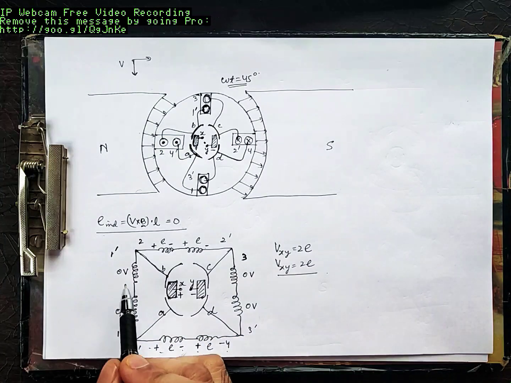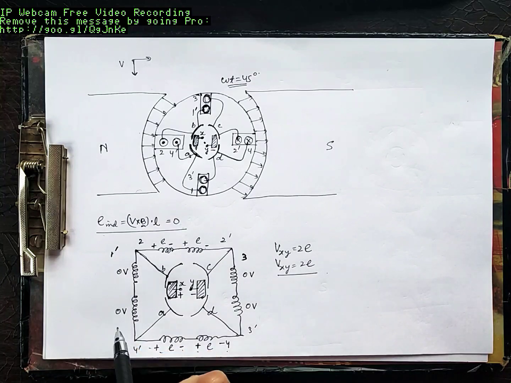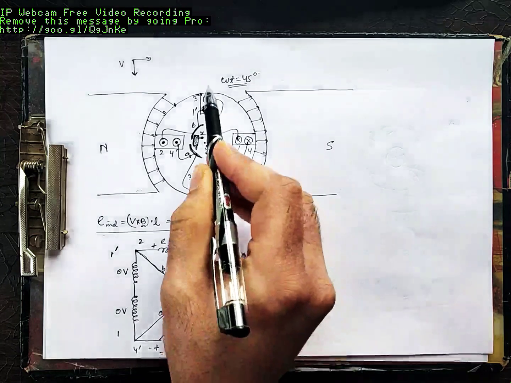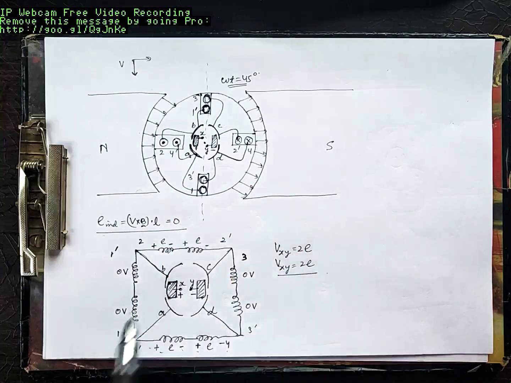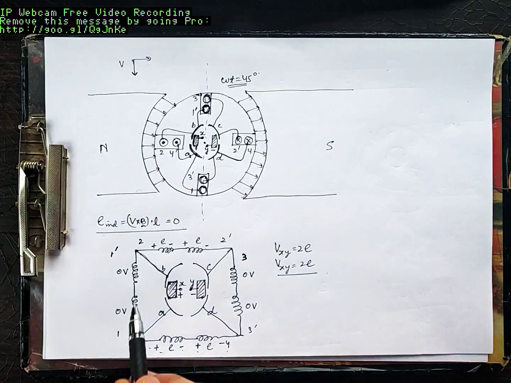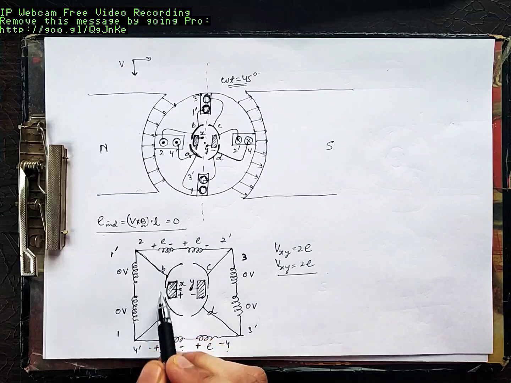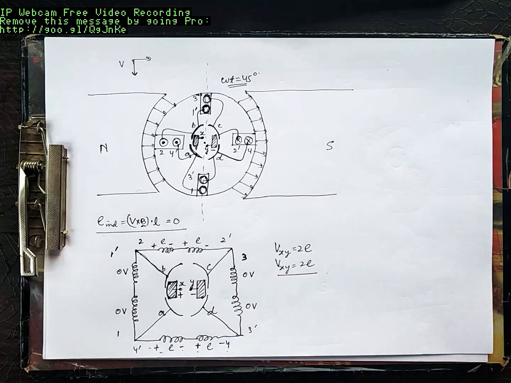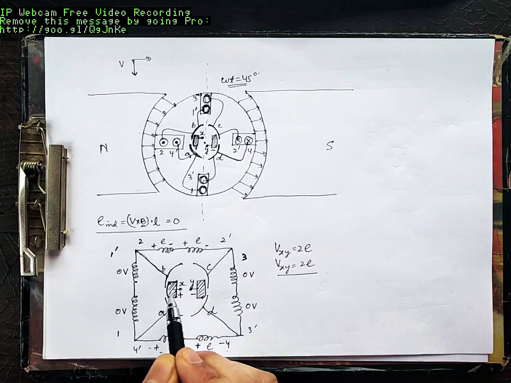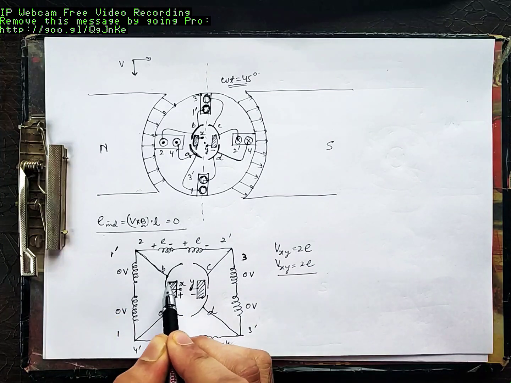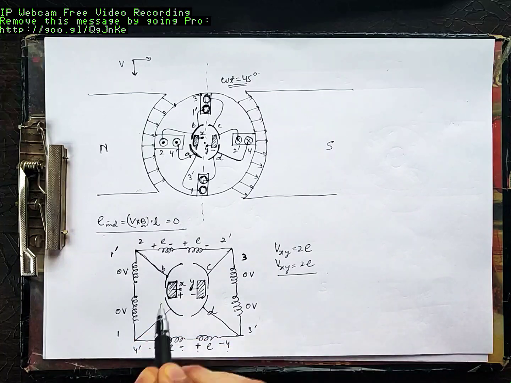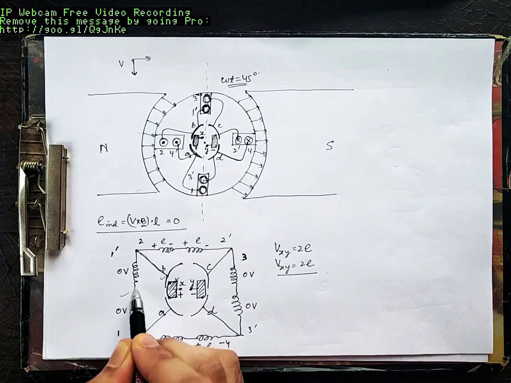Had this voltage not been equal to 0, that means had this not been exactly on the magnetic neutral plane, if this has some voltage in it and you were short circuiting the two commutator segments or this coil, there would have been huge circulating currents through the coil, through the commutator segment, through the brush, which would have damaged the brush, the commutator segment as well as the coil.